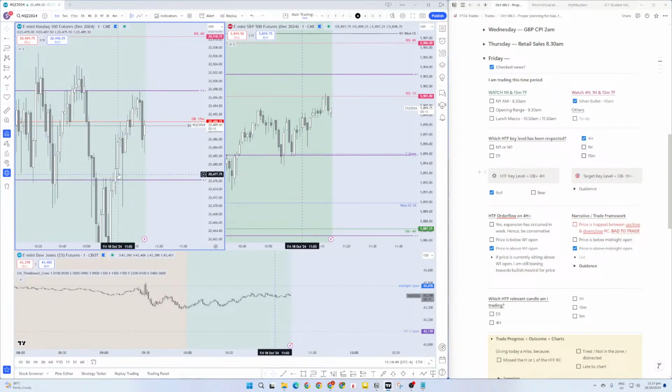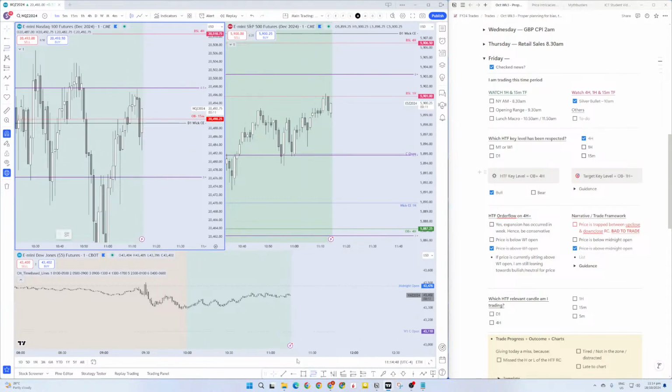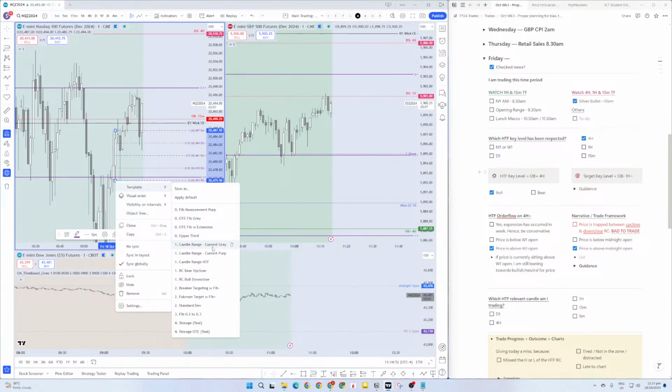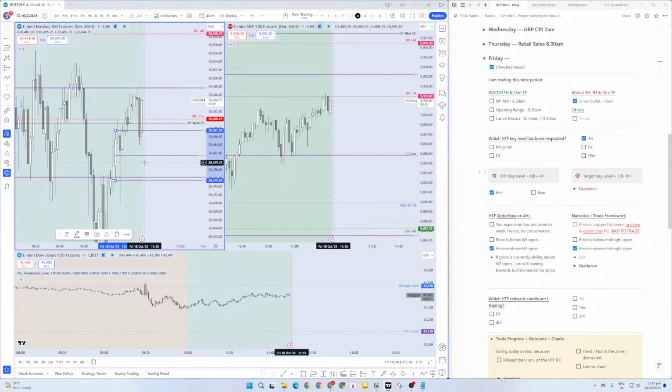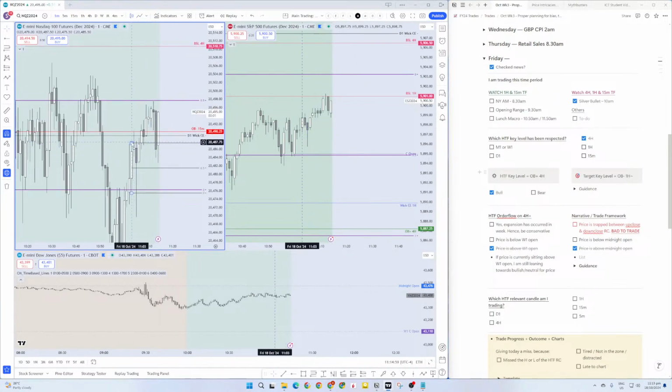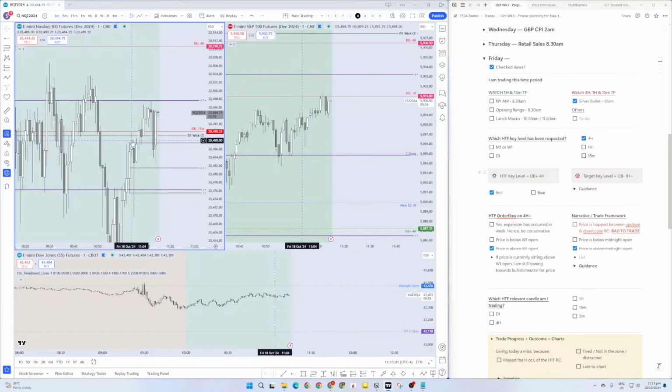I can read from this candle also, not too bad. This is one way to read it also. Why this candle? Because this candle touched the red color line and then closed within this. That makes this the relevant candle.